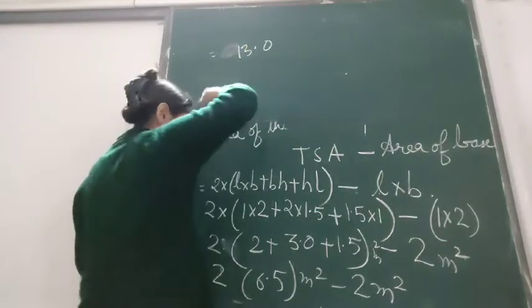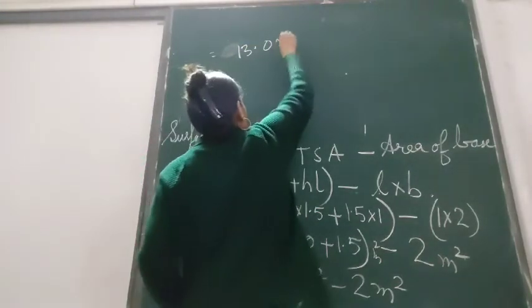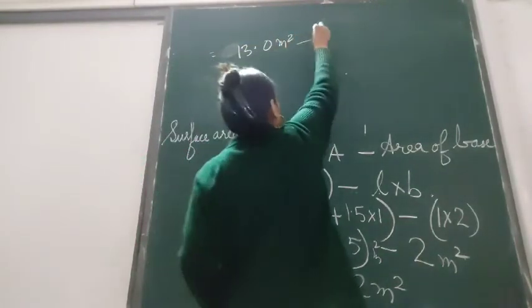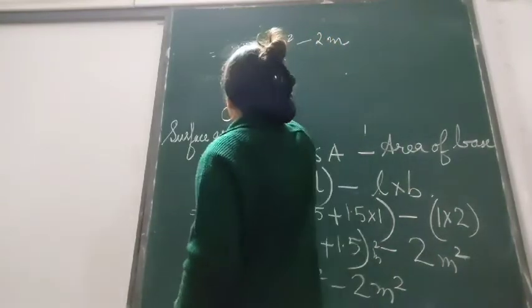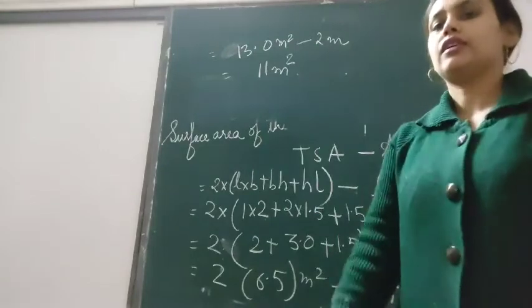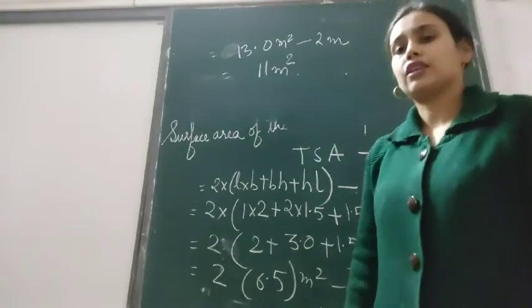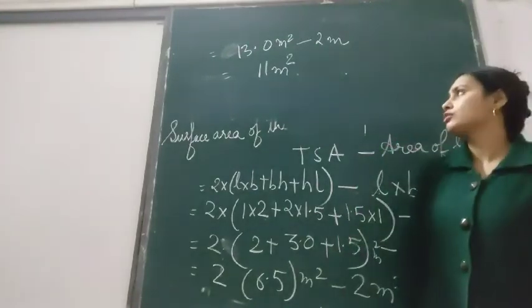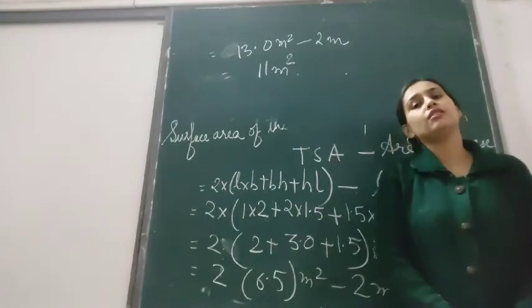So this is 13.0 meters square minus 2 meters square. 13 minus 2 gives us 11 meters square. So she painted the area, surface area of the cabinet, which is equal to 11 meter square.